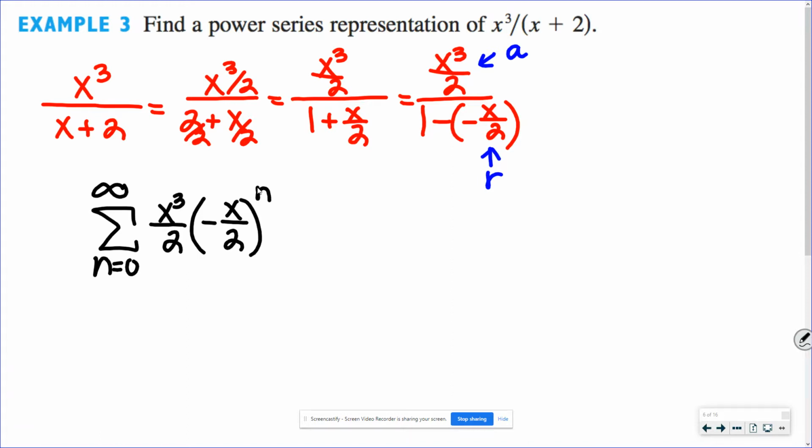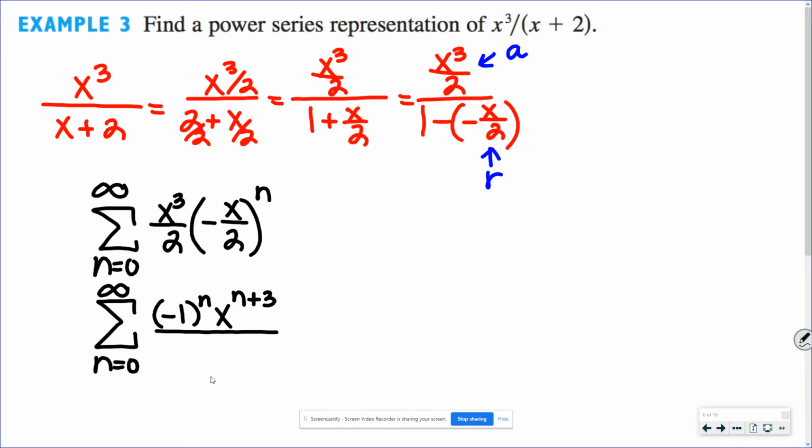I think it's going to be a lot like the last example. I have a negative 1 that I could move out, so negative 1 to the power of n. The top would be x to the third, x to the n. You could write that as x to the n plus 3 or 3 plus n. And then the 2's on the bottom can be combined. This would be like 2 to the first and 2 to the n. So 2 to the n plus 1 would be the same thing.